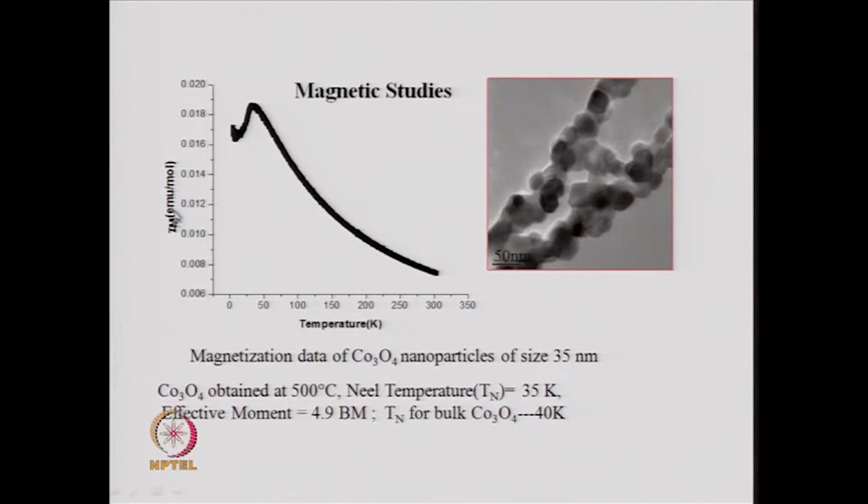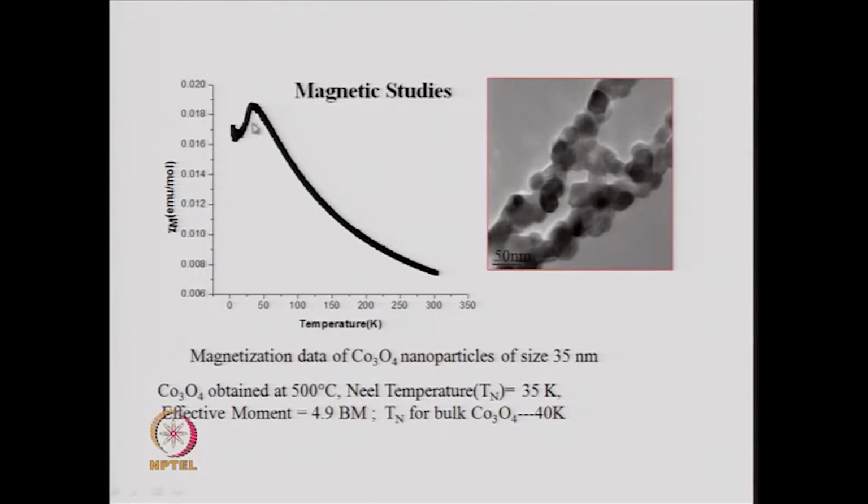So, its units are emu per mole, which is electromagnetic units per mole, and here you have temperature, and you see that as you cool, like any paramagnet, the susceptibility or magnetization will increase as you cool, but at a particular temperature, which is the Néel temperature, you start a decrease in the magnetization or the susceptibility, and this temperature is called the Néel temperature because cobalt oxide is known to be an antiferromagnetic substance, and in all antiferromagnetic substances the transition temperature from the paramagnetic to the antiferromagnetic state is called the Néel temperature, and for these 35 nanometer sized particles, this Néel temperature that we get is around 35 Kelvin.